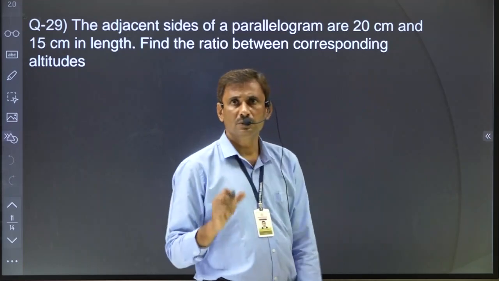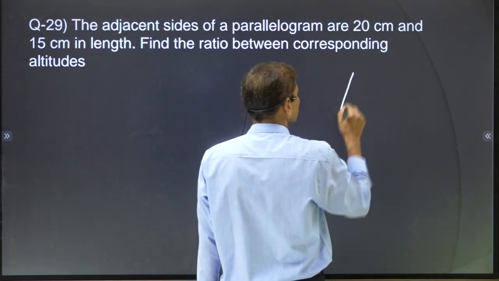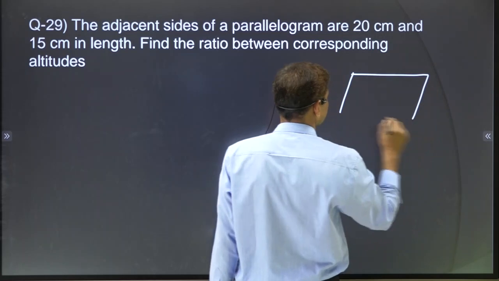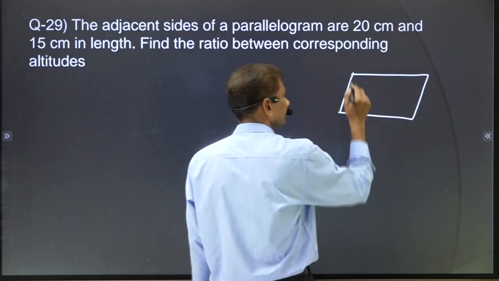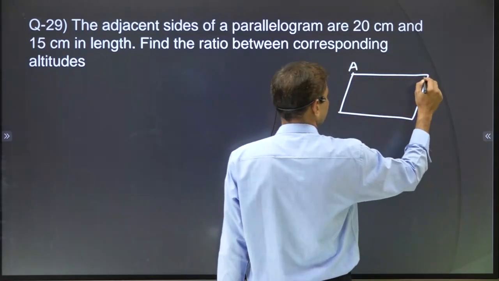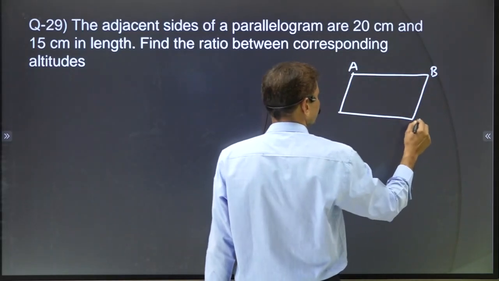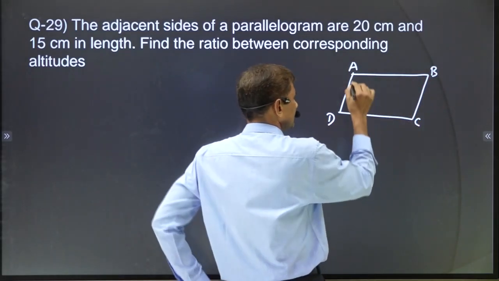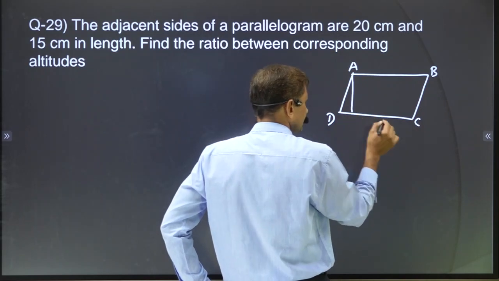If you draw a parallelogram ABCD, now adjacent side we are taking here DC.